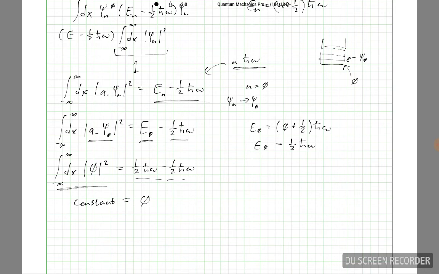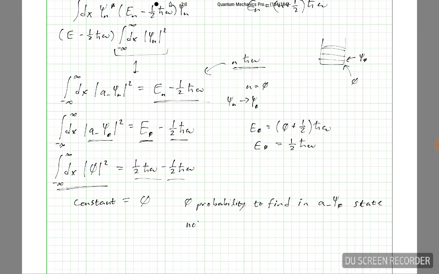So what this literally translates to is 0 probability to find it in that state. So there's 0 probability to find it in a state lower than the ground state. If I apply the lowering operator to my ground state wave function, I now have a 0 probability of finding it anywhere in space.